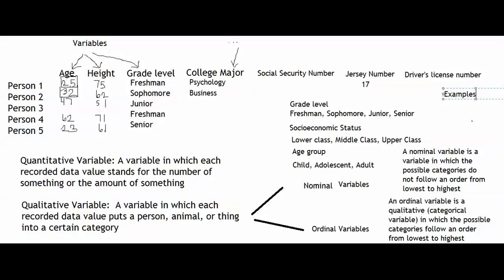So, examples of nominal variables: I said college major, handedness, which means the categories are left-handed and right-handed people.